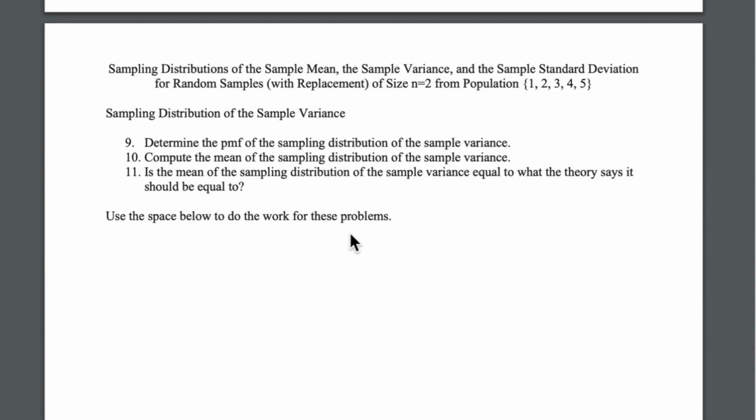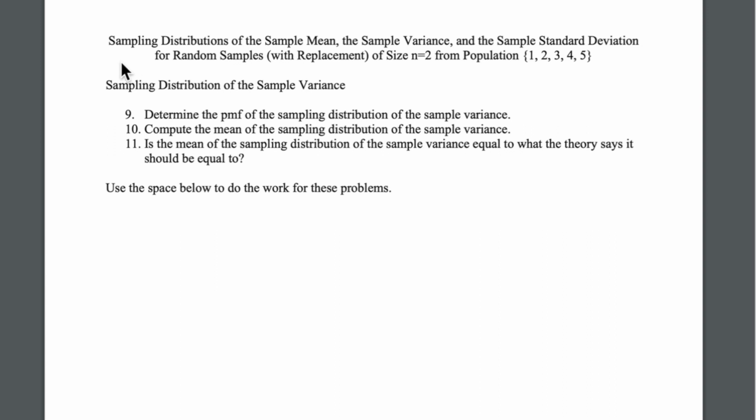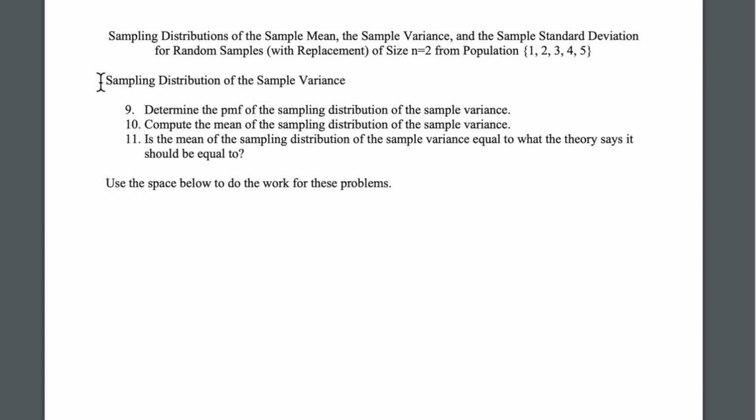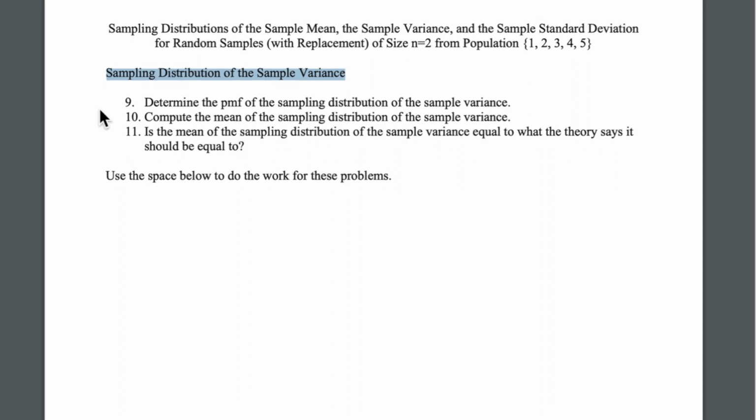Next, on the next page, we're going to be investigating the sampling distribution of the sample variance. To do that, we're going to do very similar things to what we did on the previous page for the sampling distribution of the sample mean. In particular, we're going to determine the PMF of the sampling distribution of the sample variance. We will compute the mean of the sampling distribution of the sample variance, and then we will consider the question: is the mean of the sampling distribution of the sample variance equal to what the theory says it should be equal to?